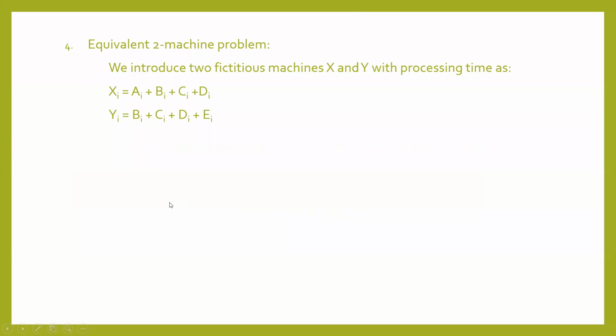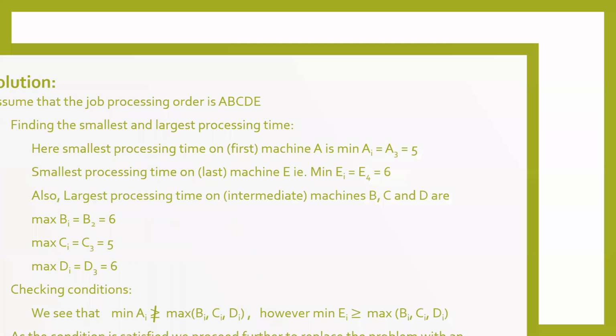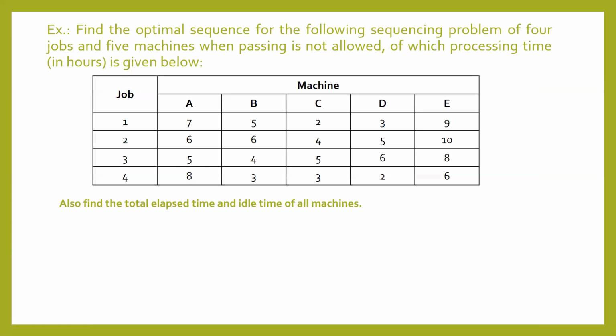Okay, so these values are coming from this table here. Where's the table gone? Here it is. So when I'm finding the value for, say, the X machine, I'm going to use 7 plus 5 plus 2 plus 3. Ignore 9.